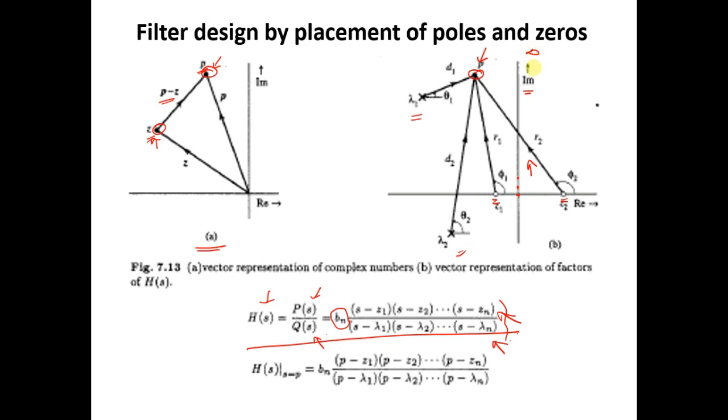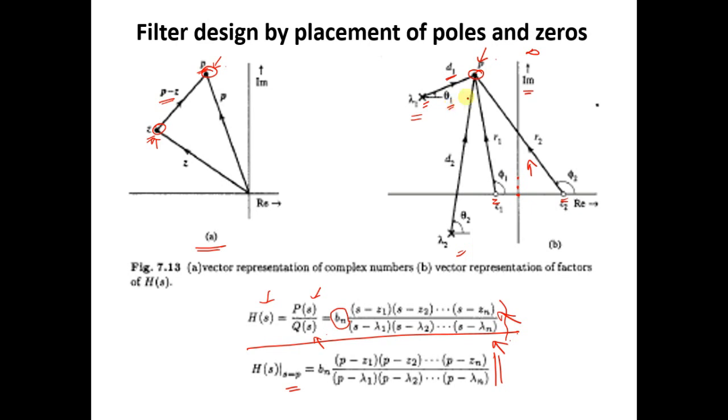So if you look over here, P minus z1, then P minus z2, up to P minus zn. In this way you get the equation. Now the distance from a pole to the point P is given by d1, and the angle is given by theta 1.